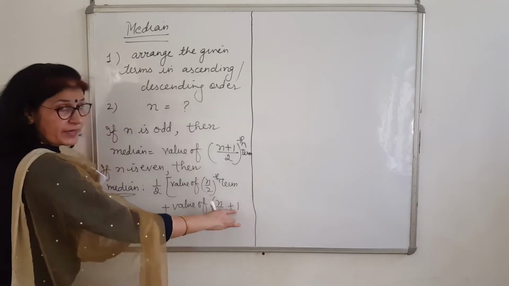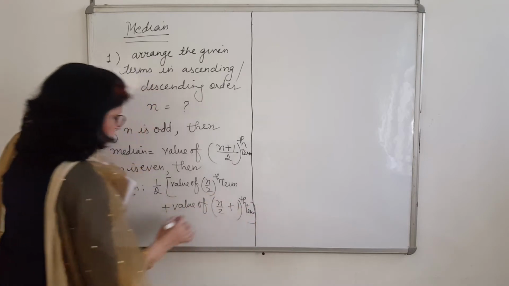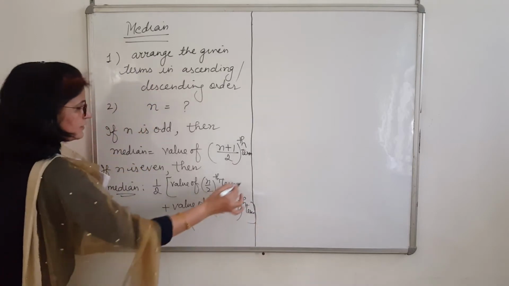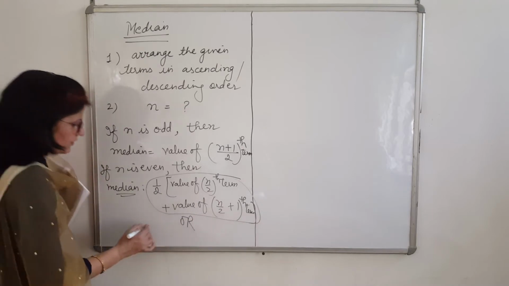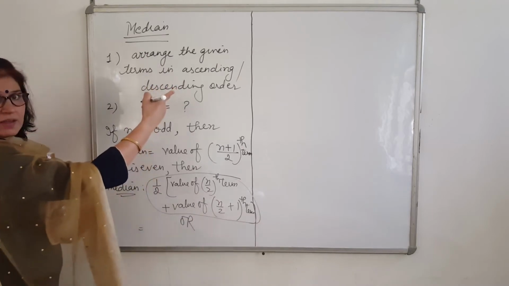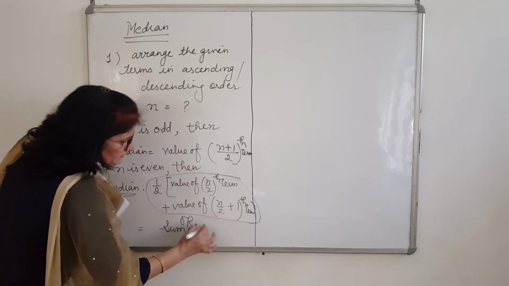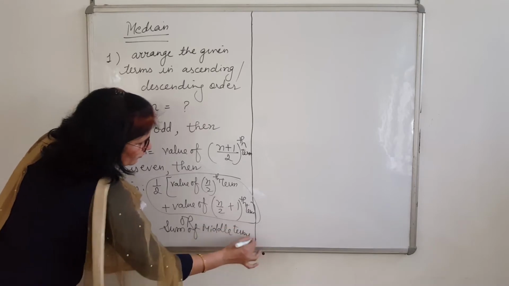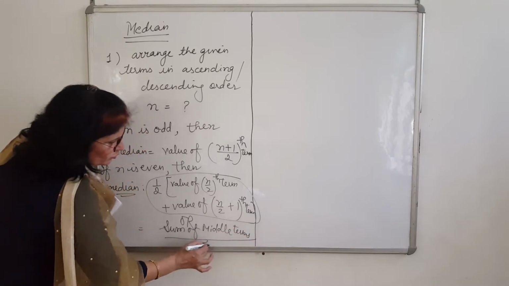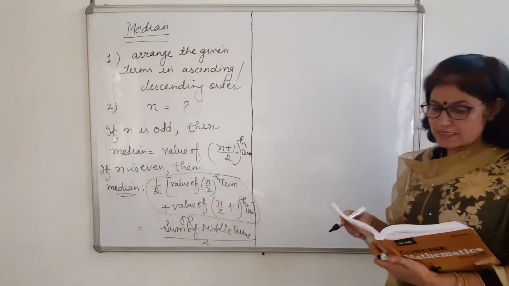This one is a separate term, or otherwise you can go by the formula. After arranging them in any of the order, sum of middle terms over 2. So these formulas we will follow to solve the sums of this exercise.